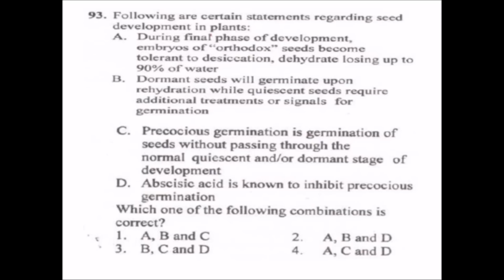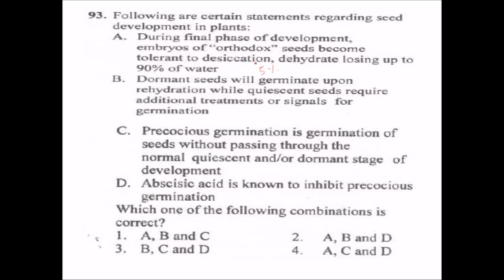Next question is, following are certain statements regarding seed development in plants. During the final phase of development, embryos of orthodox seed become tolerant to desiccation, dehydration, losing up to 90% of water. Actually, orthodox seeds are very tolerant to desiccation, and even if it is 5% hydrated, it can easily come over the dormant stage, or rather it doesn't pass the quiescent or dormant stage during its development.